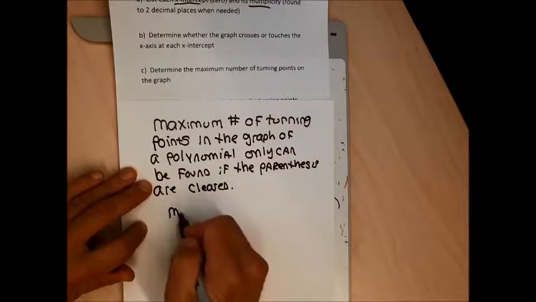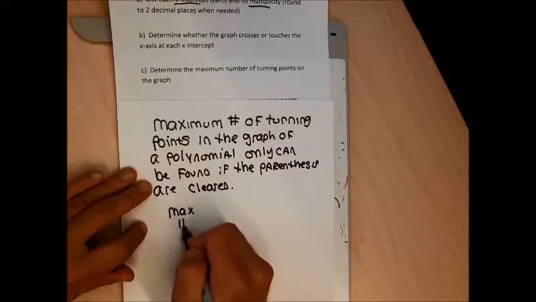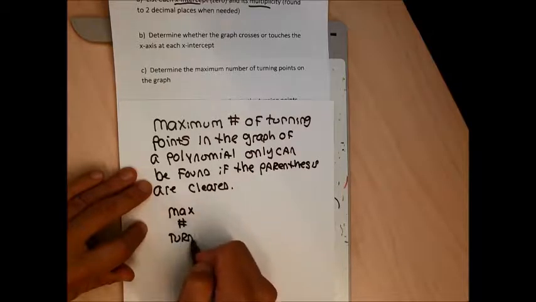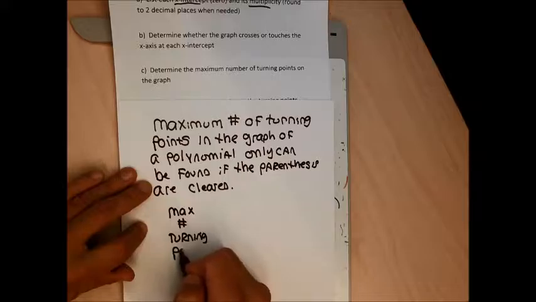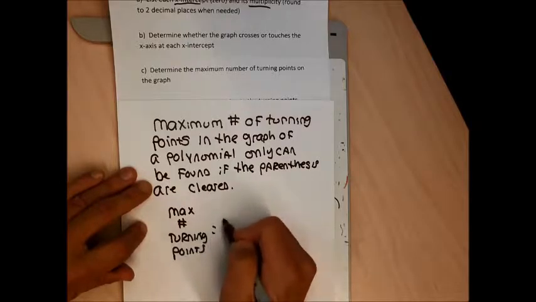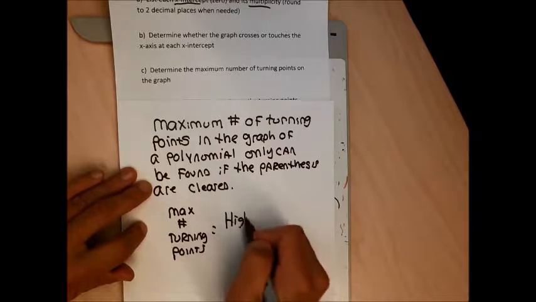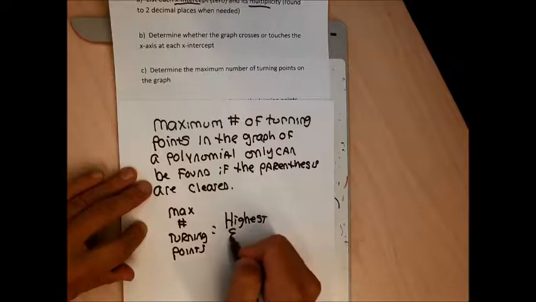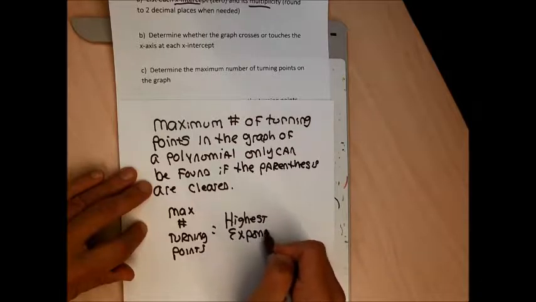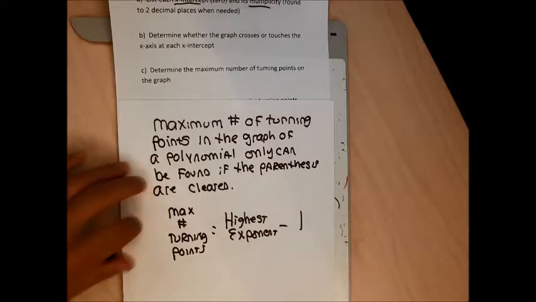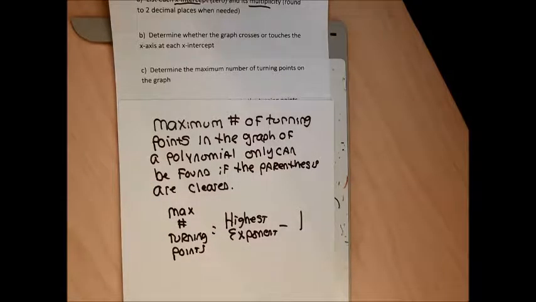And the maximum number of turning points equals the highest exponent after the parentheses are cleared, minus 1. So in order to do part C, to determine the maximum number of turning points on the graph, I have to clear the parentheses, and then I'll find the highest exponent that I see and subtract 1.